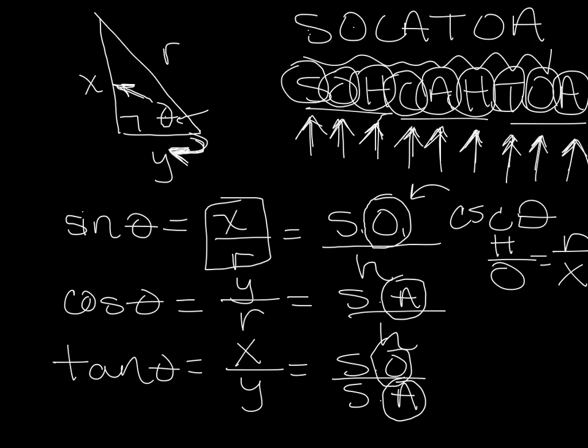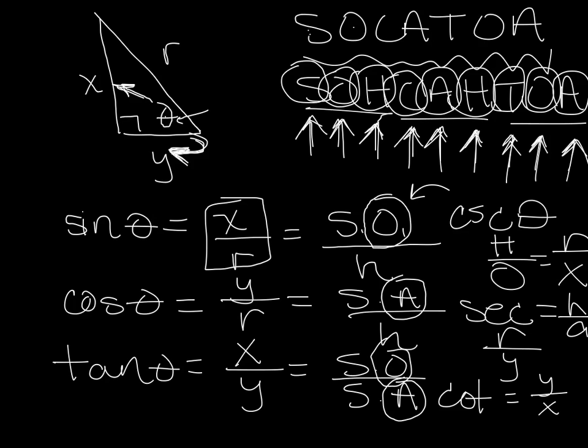The reciprocal of cosine is secant, and if I turn that upside down, I would have hypotenuse over adjacent, or I would have R over Y. And then for tangent, if I flip that upside down, that's cotangent, and it would be Y over X, or it would be adjacent over opposite.